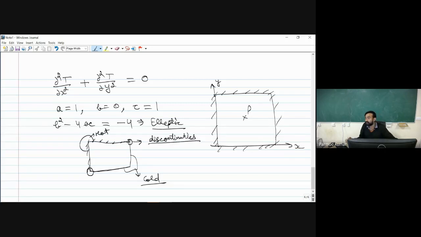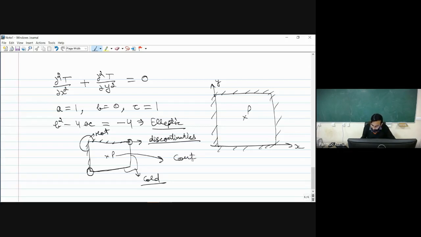At some corner points, because of the boundary conditions which we are imposing, we will get some discontinuities. But while solving for these boundary conditions, we will find that at every point within our flow domain, or within our domain of interest, the value of the field parameter will be continuous.